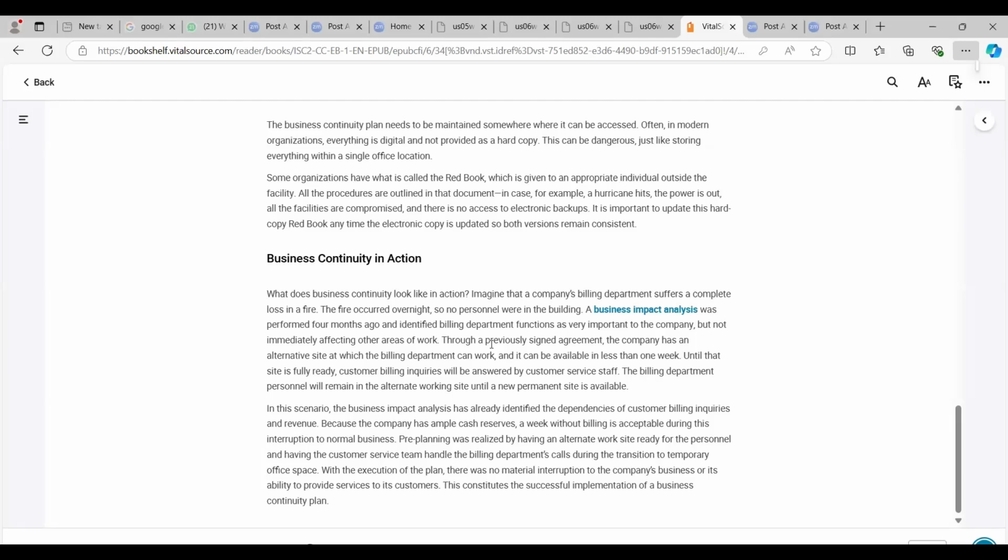With the execution of the plan, there was no material interruption to the company's business or ability to provide services to its customers because of the backup. So this constitutes the successful implementation of a business continuity plan, because even when they have an issue at their primary site, they can still move on at their backup site. So basically, that's what we are talking about, the business continuity plan. If you have an issue, you still have some things in place to carry out your activity.